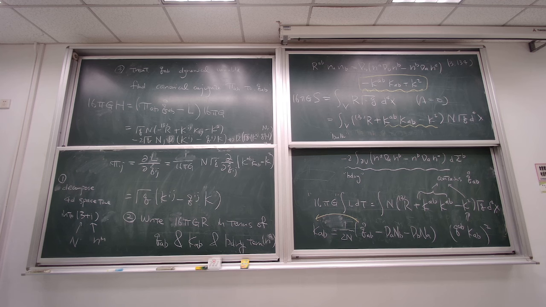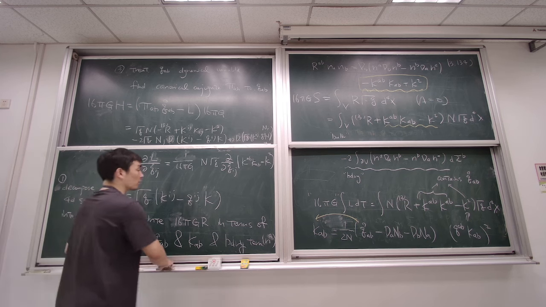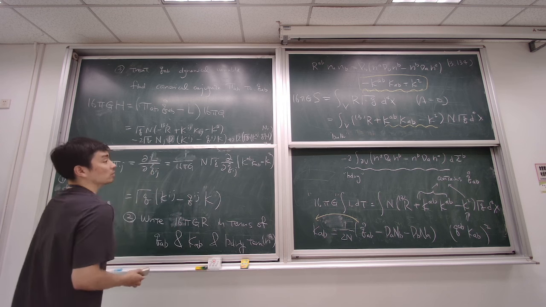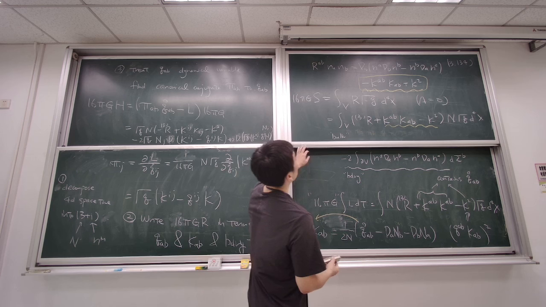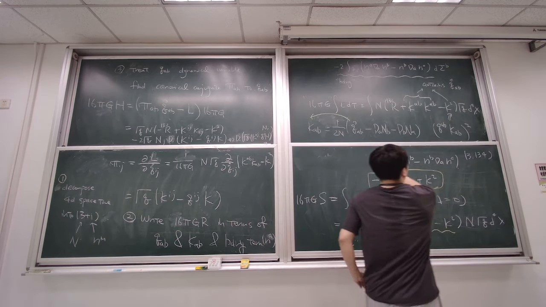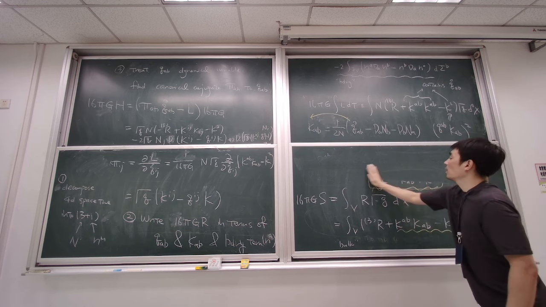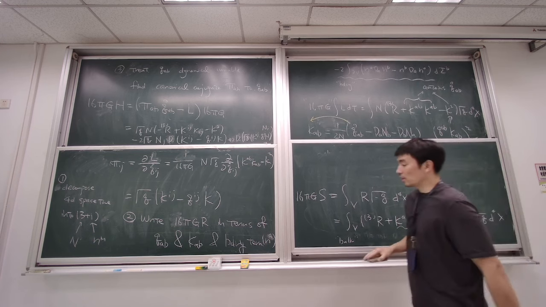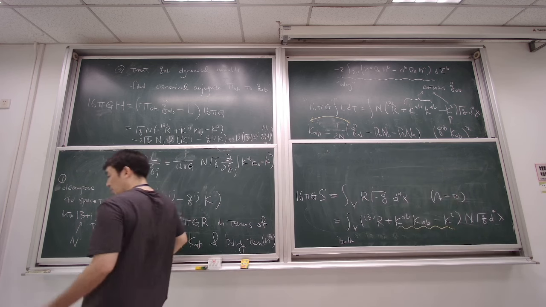Okay, so those are the Hamiltonian of this one. And again, we only focus on the bulk term. If you only focus on the bulk term, we can just write down the following Hamiltonian. The Hamiltonian can be repackaged into here, like this.